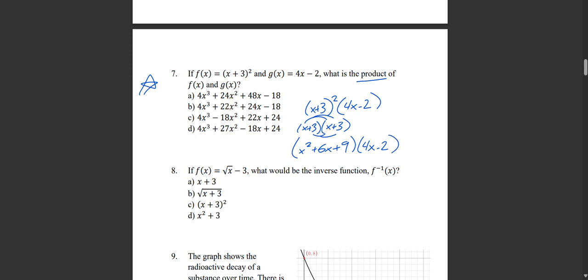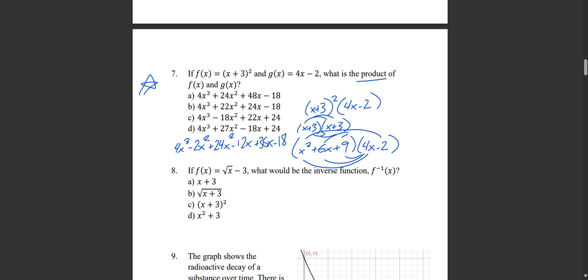And we can distribute this way as well. So let's do x squared times 4x, 4x cubed. x squared times negative 2, negative 2x squared. 6x times 4x is 24x squared. 6x times negative 2 is negative 12x. 9 times 4x is 36x. 9 times negative 2 is negative 18.